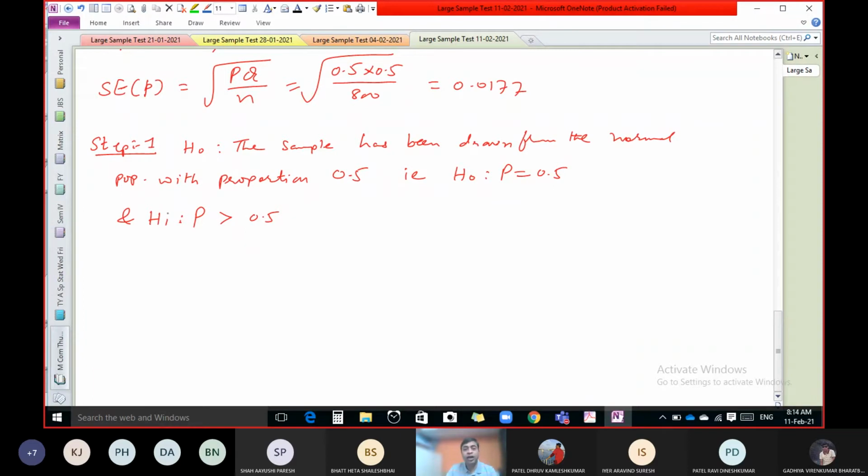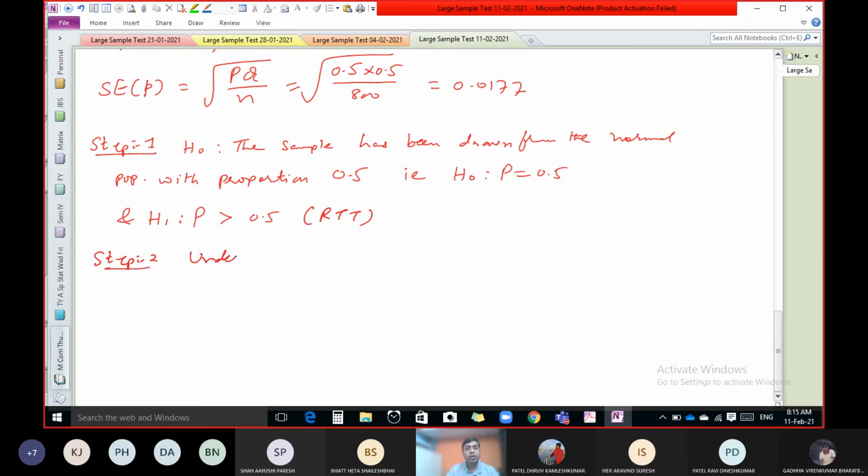So in H1 we have to write according to the claim, because this is the opposite of H naught. In the claim it is given that the majority are smokers, and because of that particular word majority, we have to write greater than here. Okay, this is a right tail test. Step 2.